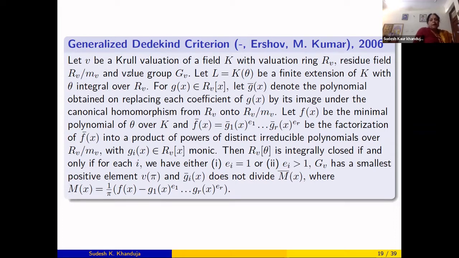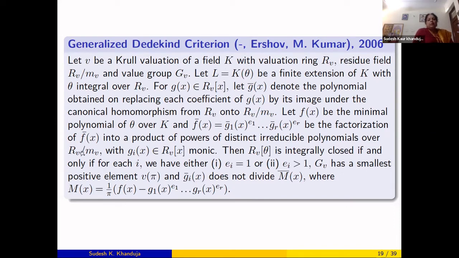So let V be a Krull valuation of a field K with valuation ring RV, residue field RV mod MV, and value group GV. Let L equal K(theta) be a finite extension of K with theta integral over RV. For g(x) belonging to RV[x], let g bar(x) denote the polynomial obtained on replacing each coefficient of g(x) by its image under the canonical homomorphism from RV onto RV mod MV.